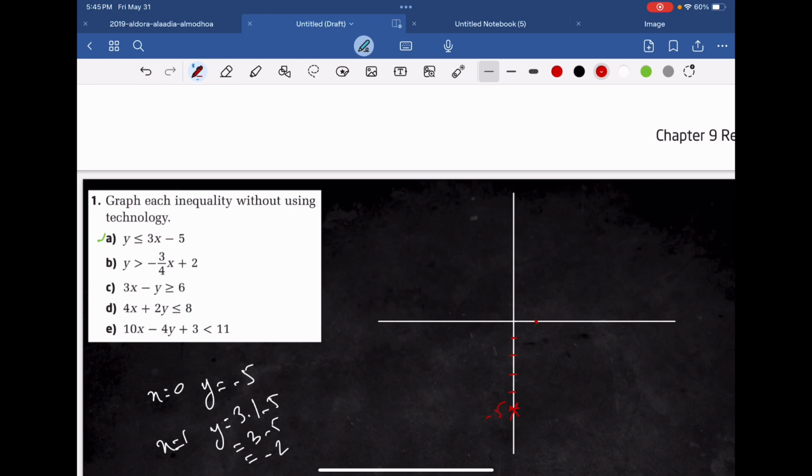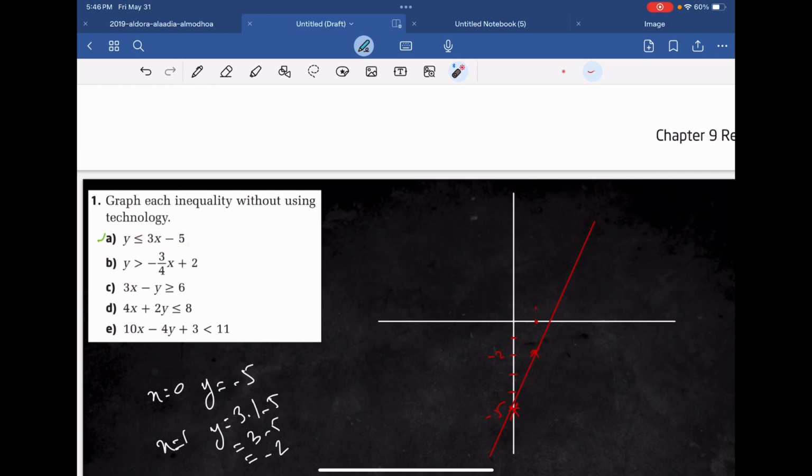So minus 2, this is 1. So my second point will be this. And the only thing I need to do now is draw my line, because as you can see here, this is a line equation.